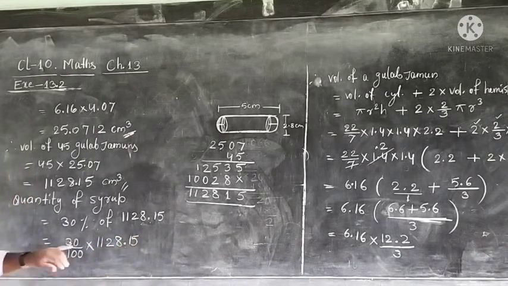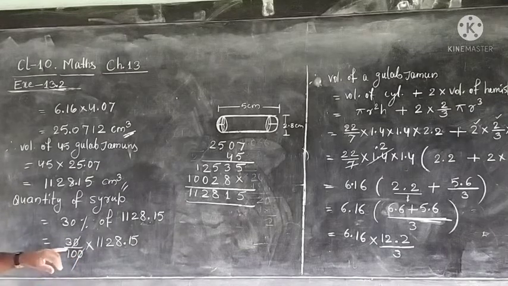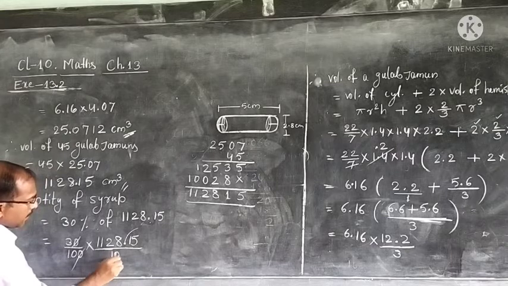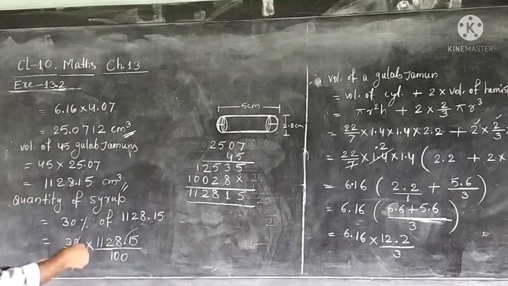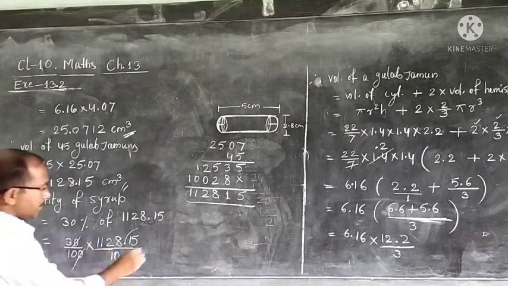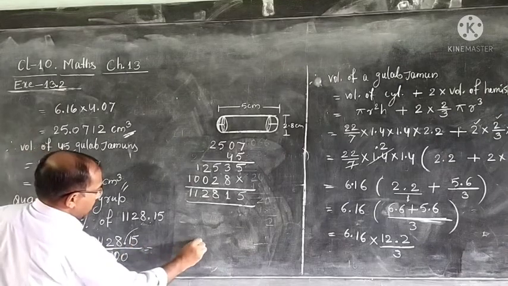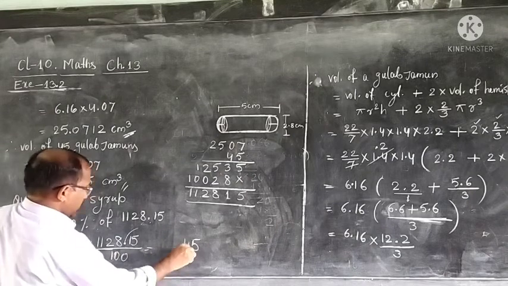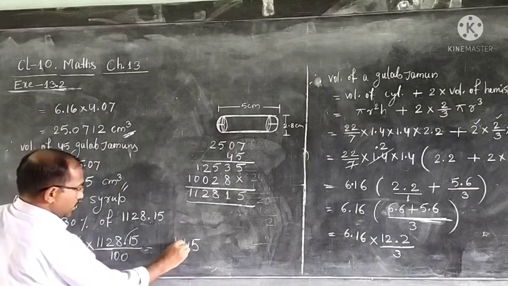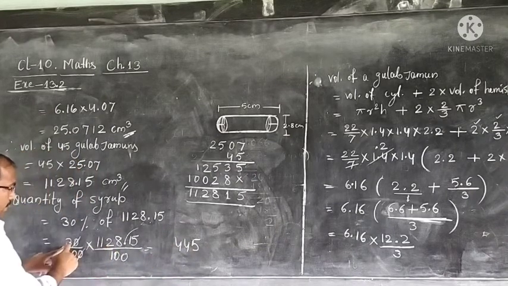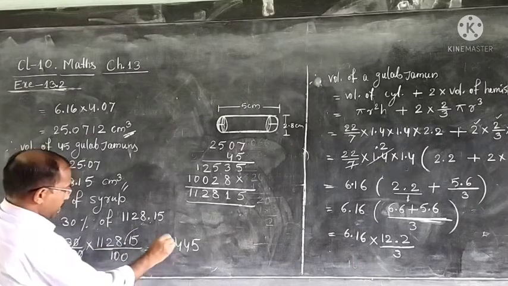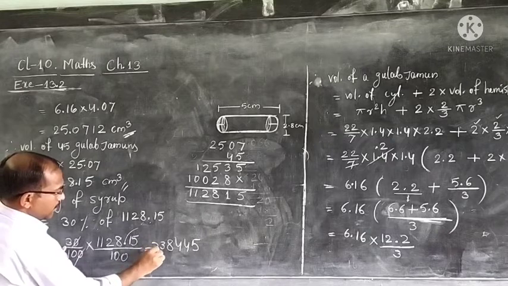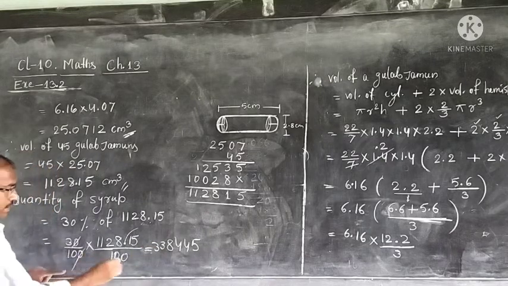Now, by 3, first 0 you remove, and then this decimal also you remove. So, that just multiply, and after how many zeros, that many digits after decimal we will put. 5 3s are 45, 15, 3 1s are 3, 1, 4, 8 3s are 24, 3 2s are 6, 2, 8, 3 1s are 3, again 3 1s are 3, and after 3 digits decimal we will put.